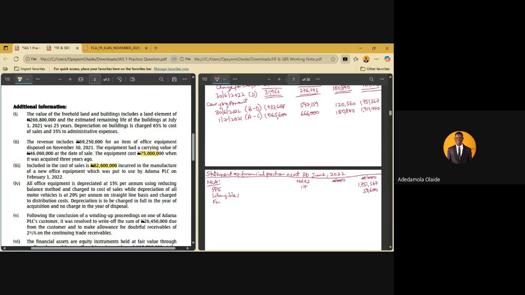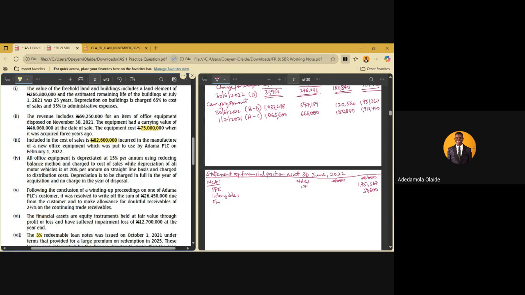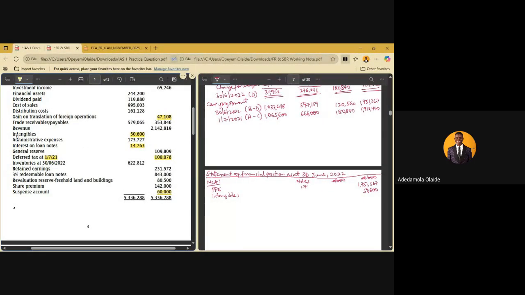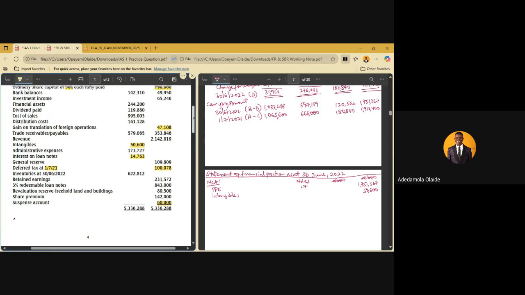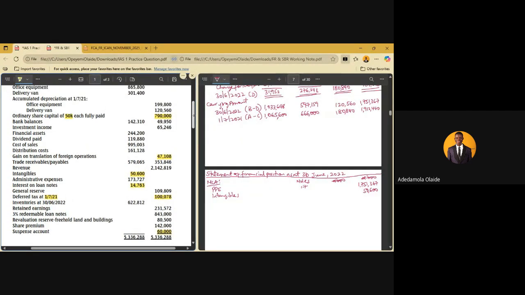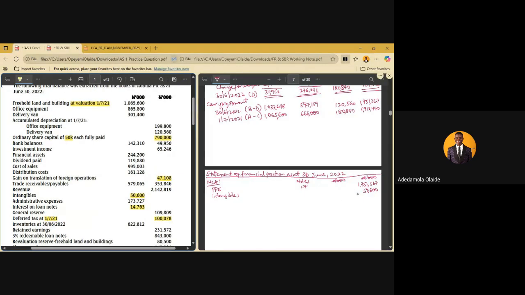They said they are equity instruments held at fair value through profit or loss. If it is held at fair value through profit or loss, it is most likely held for sale. So it's better to classify it under current assets. So this will give us what?